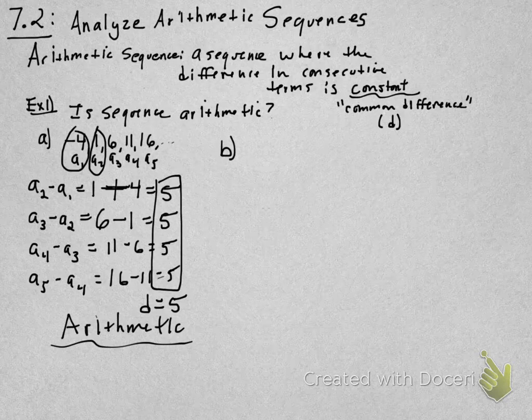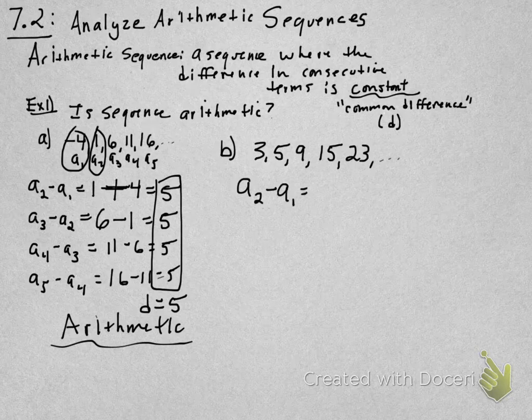Let's look at one more example. Let's say I give you 3, 5, 9, 15, and 23 as the first 5 terms of the sequence. Let's see if this is also arithmetic. The second term minus the first term is 5 minus 3, for a difference of 2.